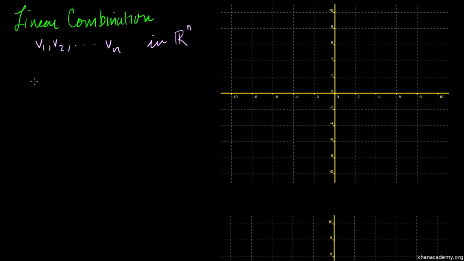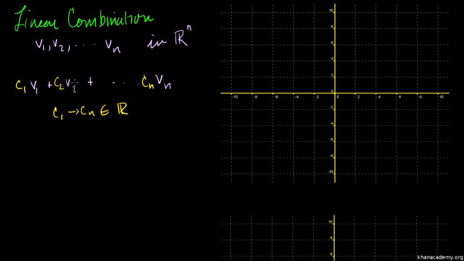A linear combination of these vectors means you just add up the vectors, v1 plus v2 all the way to vn, but you scale them by arbitrary constants c1, c2, all the way to cn, where each is a member of the real numbers. That's all a linear combination is.